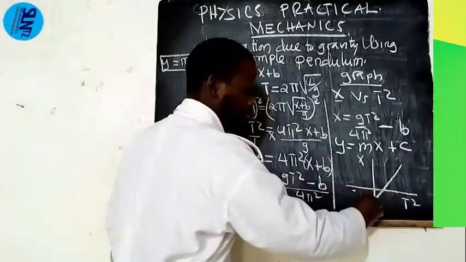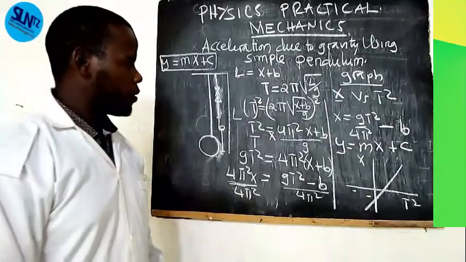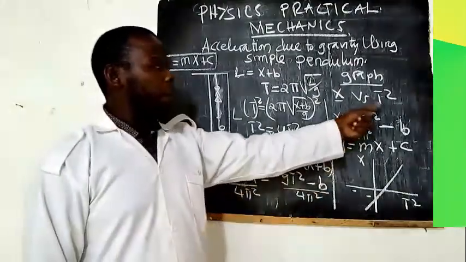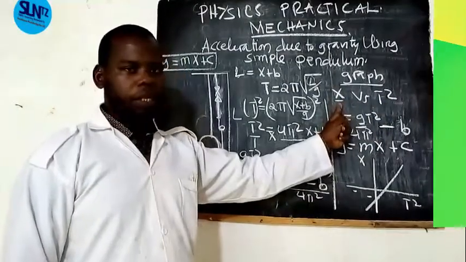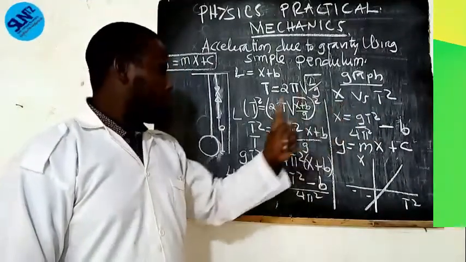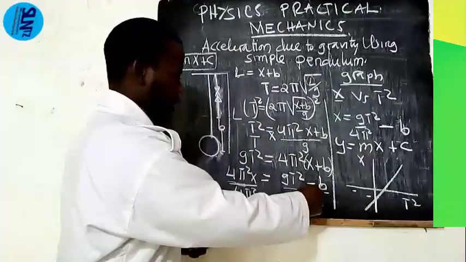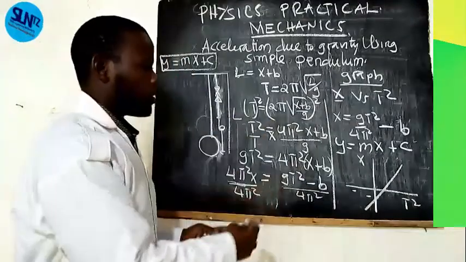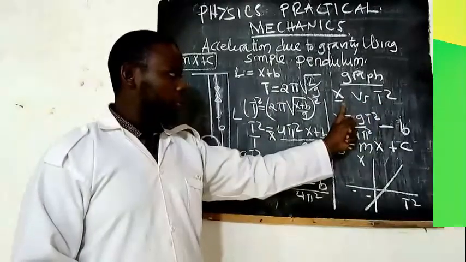We will cut through this side. But when the graph is t squared against x, it will cut here, positive. You can use this theory to derive t squared against x.